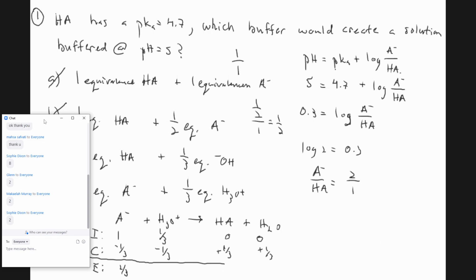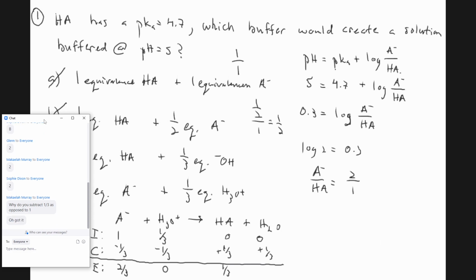And then equilibrium is going to be the difference or sum. So it's going to be 2/3 conjugate base, 0 of the acid left over, and 1/3 of our acidic water or hydrogen plus. Limiting reactants, Michaela. The reaction can only go as small as the thing that limits it.